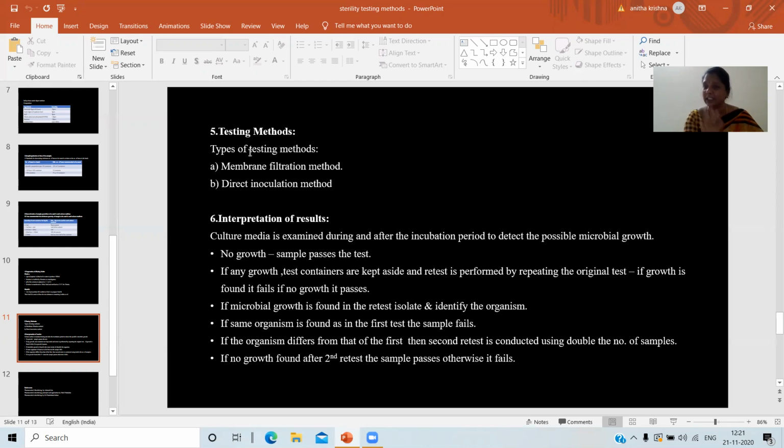So even if contamination or microorganisms are present, they might not show growth when we are testing. So in order to neutralize the antimicrobial activity of the drug, we are adding penicillinase, which neutralizes the antimicrobial activity of that particular antibiotic, and then carry out the procedure. That is how you generally carry out the test for antibiotics.